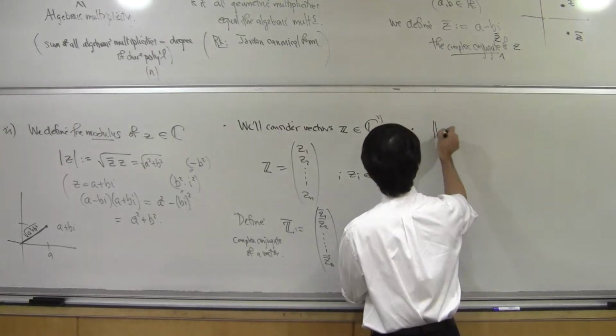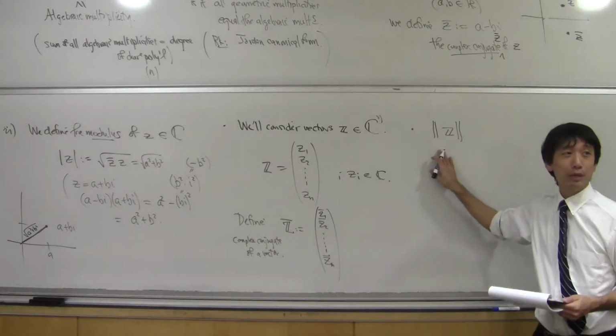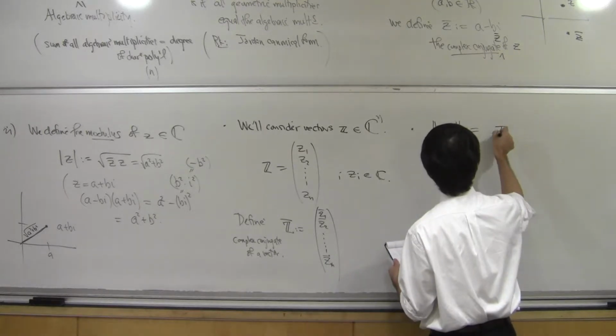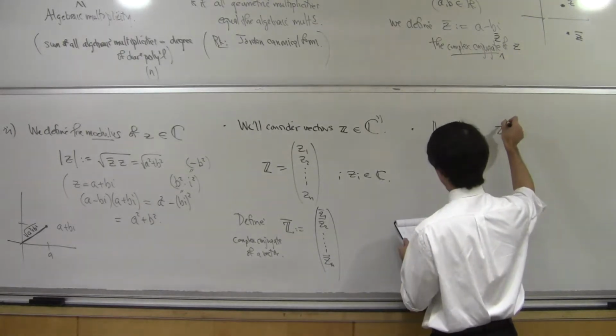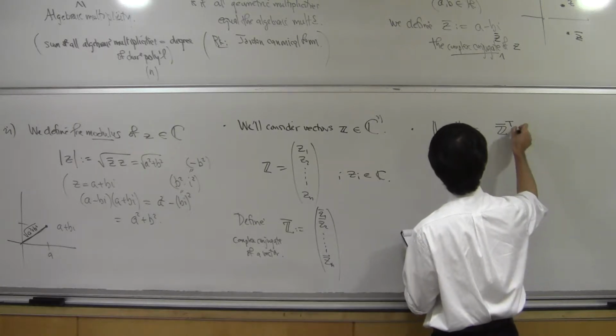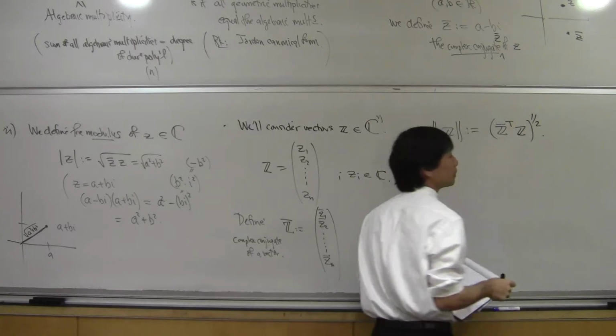So we define the magnitude. We define the magnitude of a complex vector as: you take the conjugate transpose of the vector, multiply it by itself, and then take the square root of that.